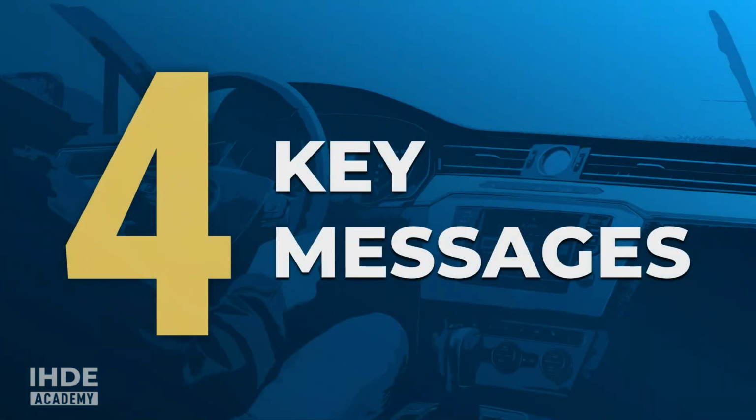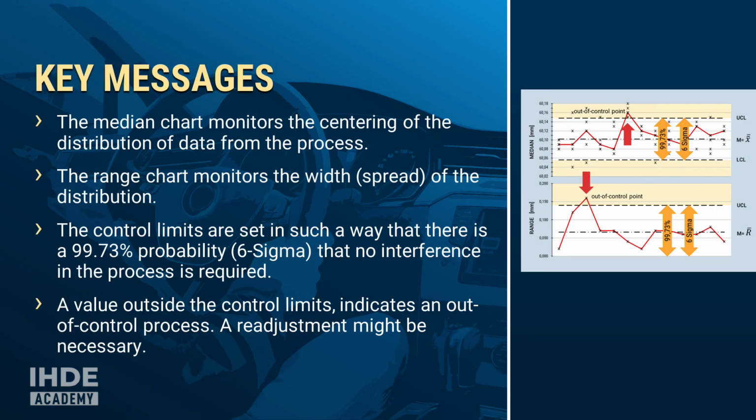Well, that was a lot of new information. Therefore, I would like to conclude by repeating the 4 most important key messages. The median chart monitors the centering of the distribution of data from the process.